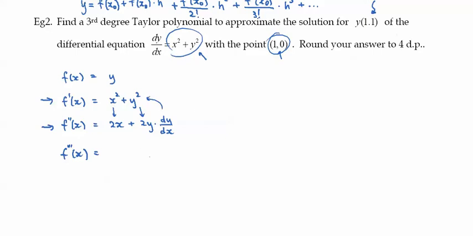And finally, as I differentiate this for the third time, 2x becomes a 2. And then, as I differentiate this, we will be using the product rule in this case.